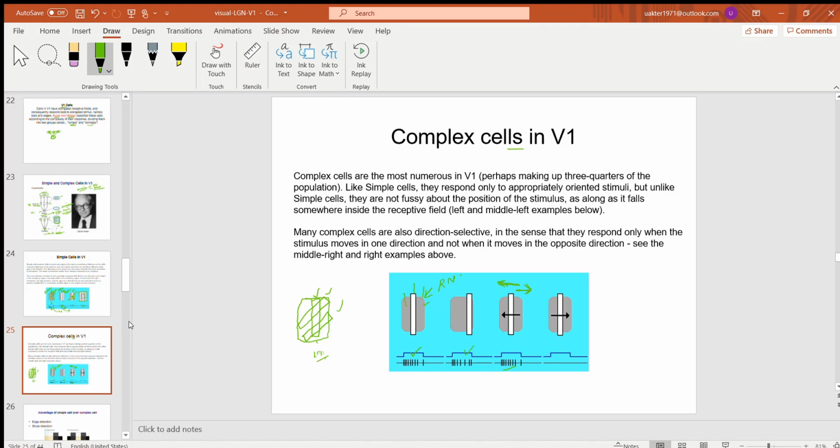So there are some complex cells that like this direction, so they will be excited here, and when you do this, they will be inhibited. Make sense? So the complex cells are not helpful for determining the orientation, but helpful to detect motion.